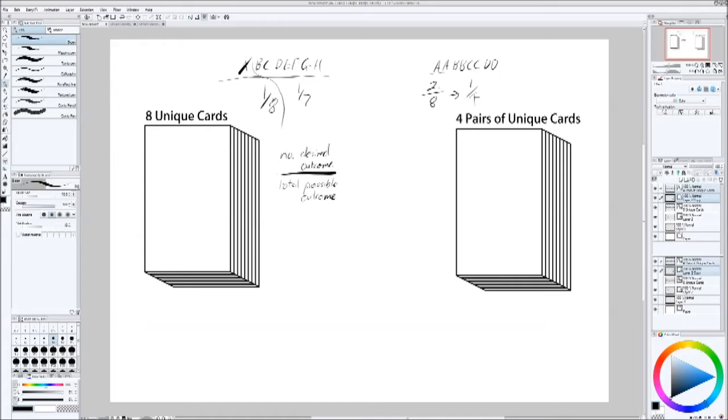And this is where things get a bit different. So let's say we draw A. So now, for the next round of drawing, if we still wanted to draw A again, it becomes different, because now there is only 1 chance of getting that, and there are 7 cards.